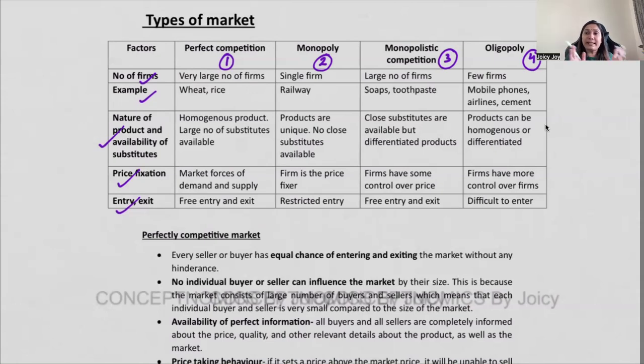So that's a perfectly competitive market where you are left with a lot of choices, and the products are homogeneous in nature, which means they're not much different from each other. Products would be homogeneous and there would be a large number of substitutes available. Market forces of demand and supply would be the factors which will fix the price, and there is free entry and exit. This is a case of a perfectly competitive market.